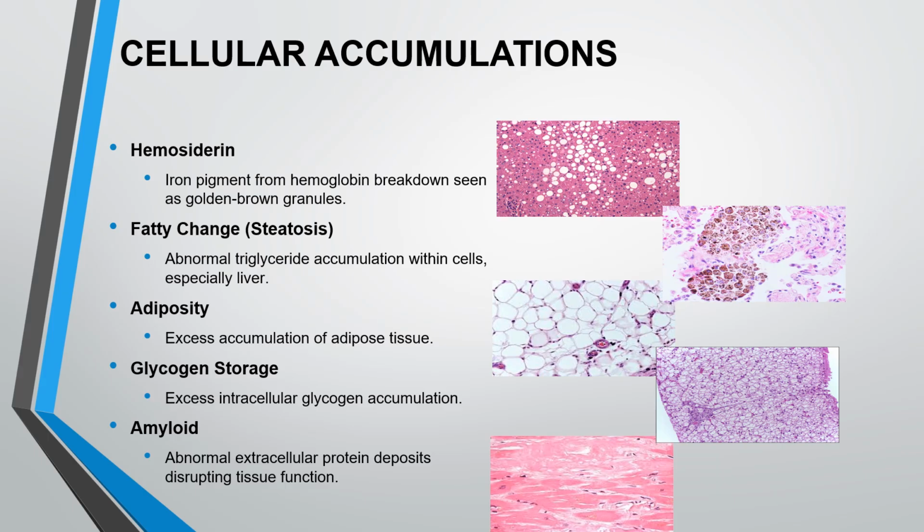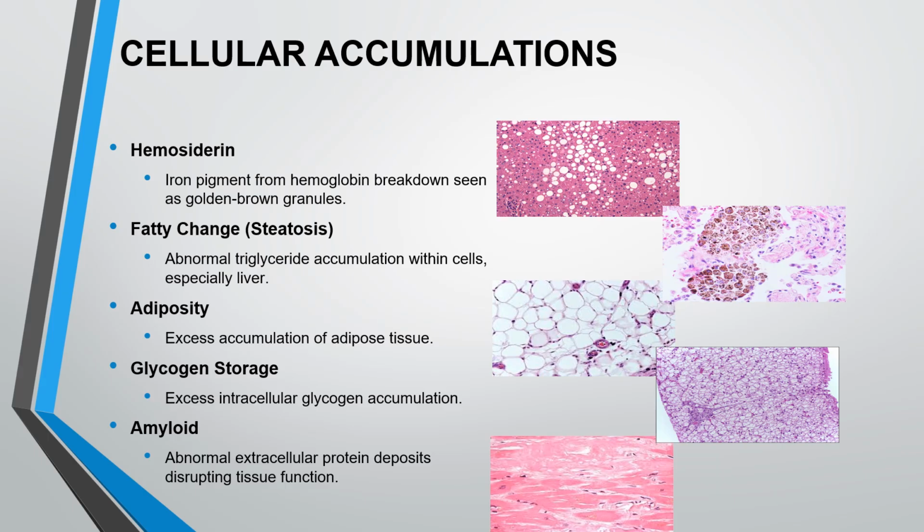Then, we have adiposity. This refers to excess accumulation of adipose tissue, which is different from fatty change inside cells. Then we also have glycogen storage. Here you get excess intracellular glycogen, often giving cells a swollen, pale appearance.